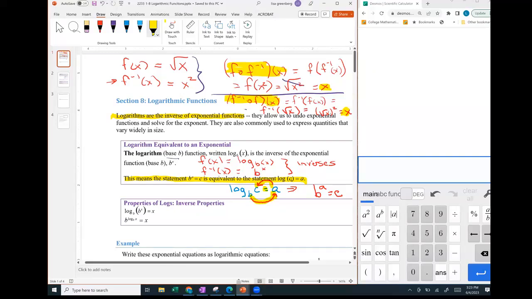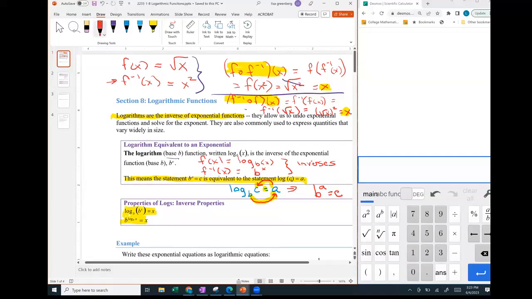You don't necessarily need it for this class, but it is of note that when I do the composition of inverse functions, I always get x. Why is that important? Because it explains these two properties.